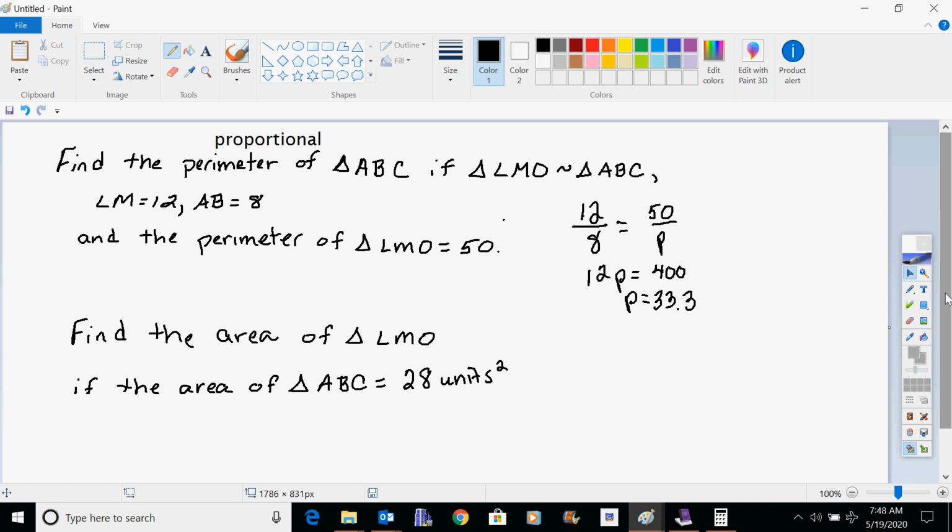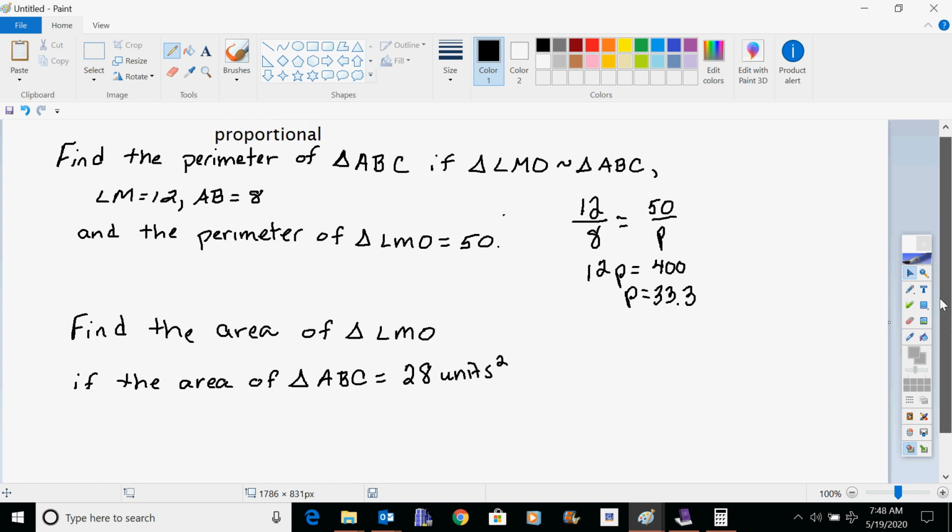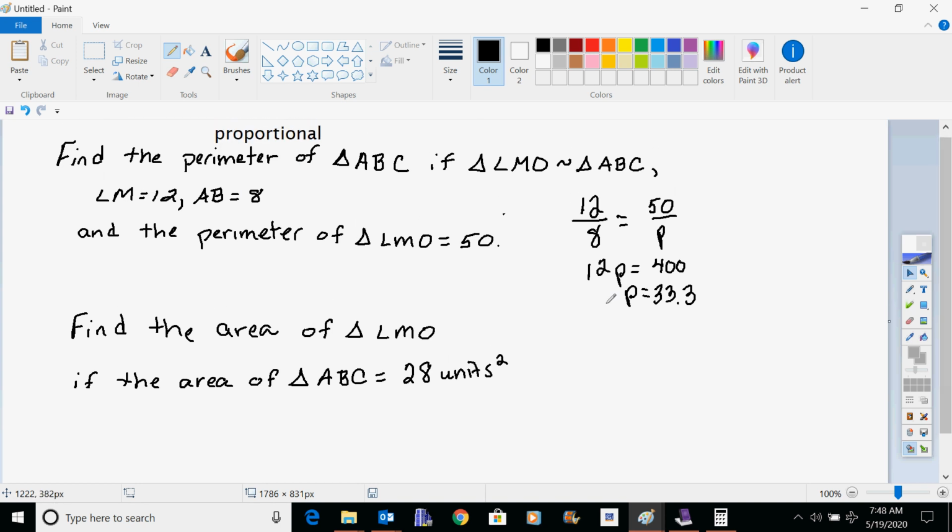Area, though, is different. For area, you still think about the original proportion. Okay, so we still have the 12 over 8. But the idea on this one, when you're finding the area, is that you do need to square. Okay, for areas, you do need to square. So it's much more convenient in this case to reduce your fraction.